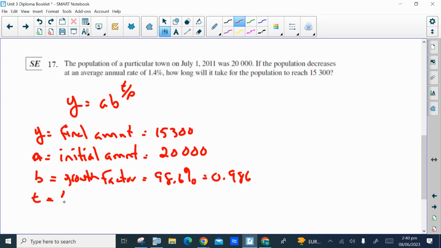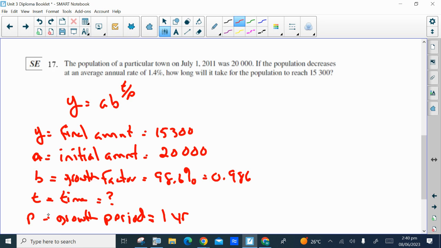T is the time, which is what we're looking for here. How long will it take? And P is the growth period, which in this case, this population is decreasing by that percentage every year.